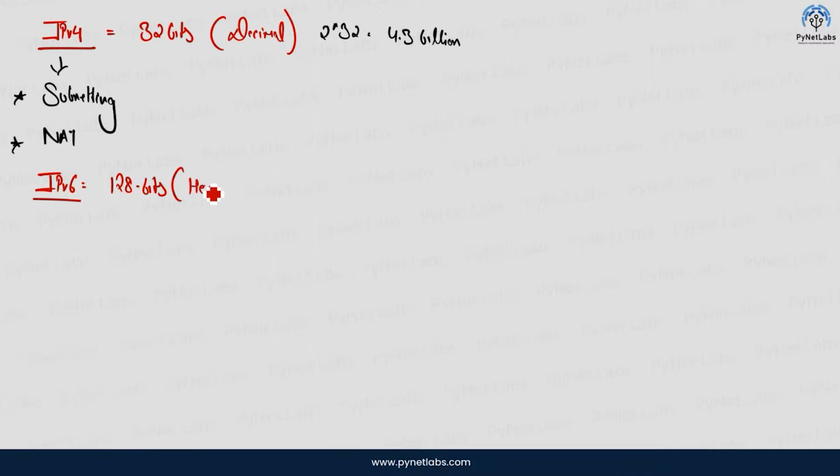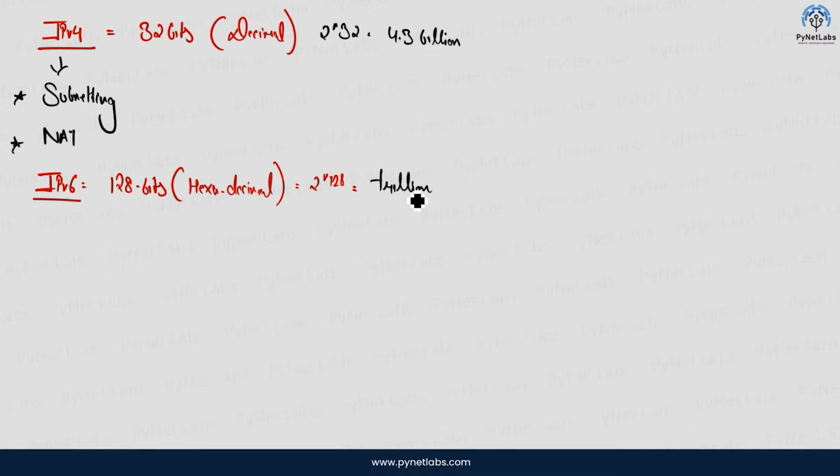When we say hexadecimal, it is going to have values or alphabets from A to F. It's going to be 2 raised to the power 128, so in total we are going to have trillions of addresses where every single human can have one single IP, and we will still be able to use IPv6 for 30, 40 years more.